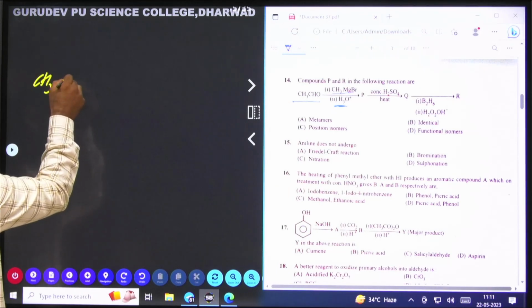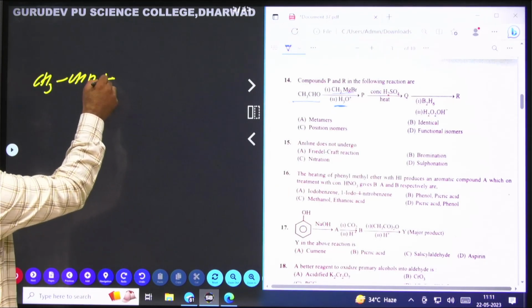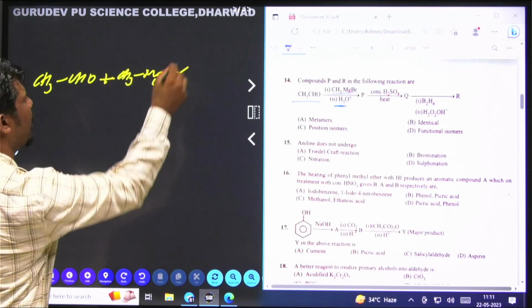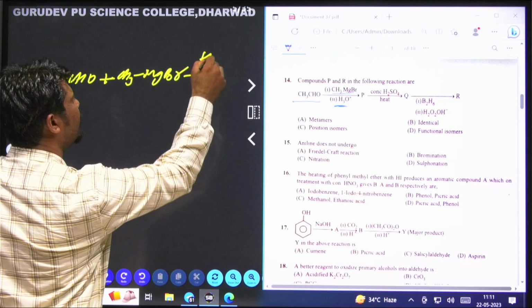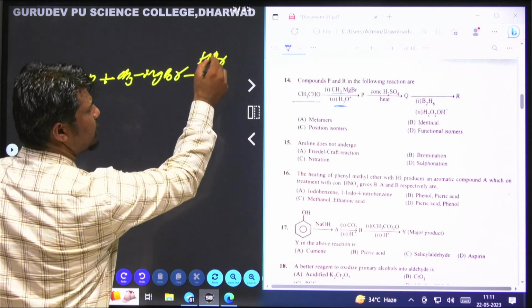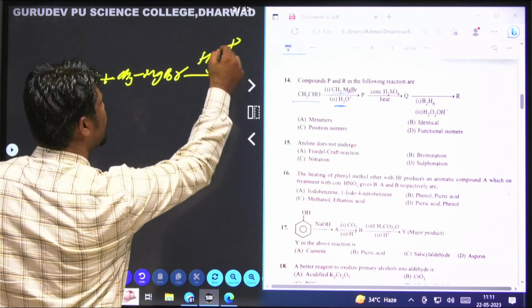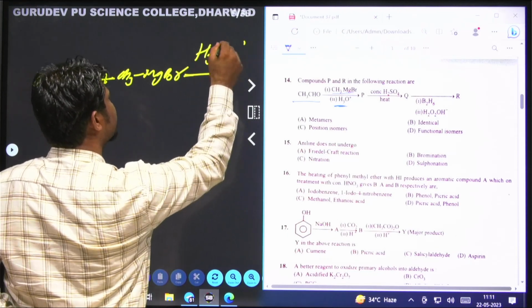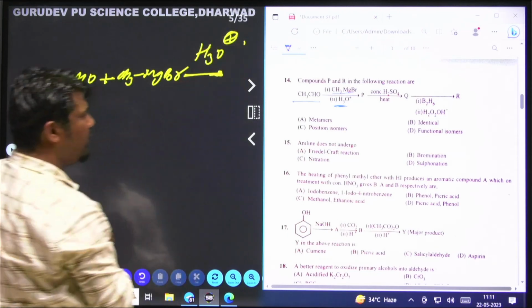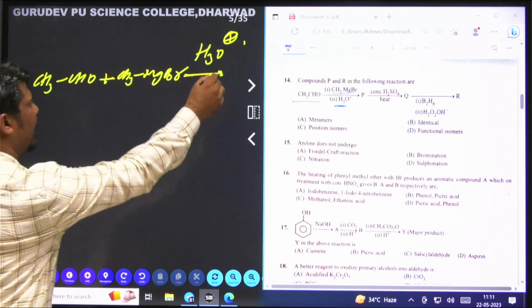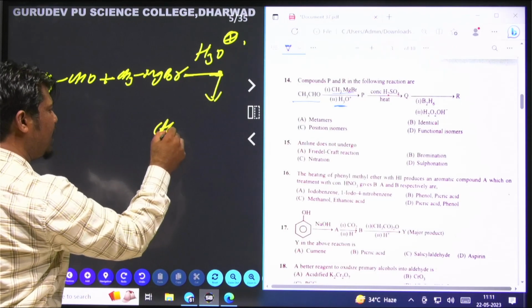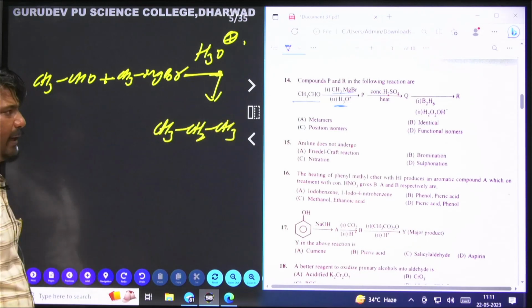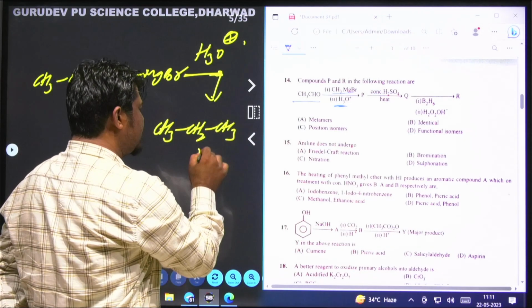So when this formaldehyde reacts with CH3MgBr in the presence of H3O plus, it will give propanol as the product. So that alcohol is P.